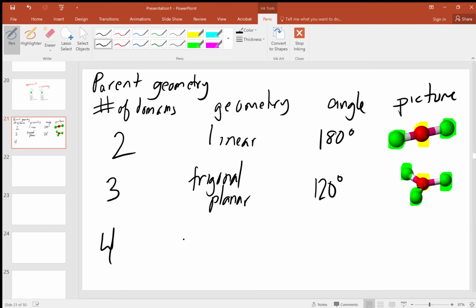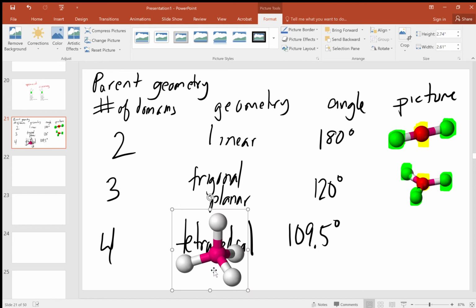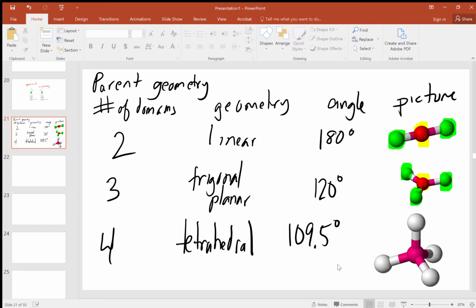Up to 4 domains. This is known as tetrahedral. Bond angles here are 109.5 degrees. And you can see its representation here. So notice what you have is, again, we have a central atom.